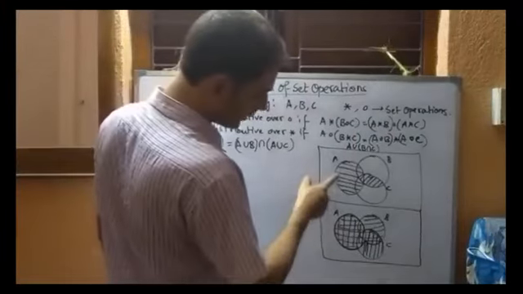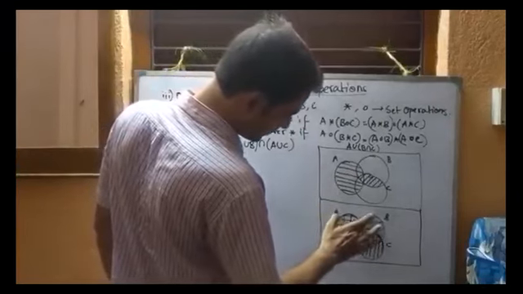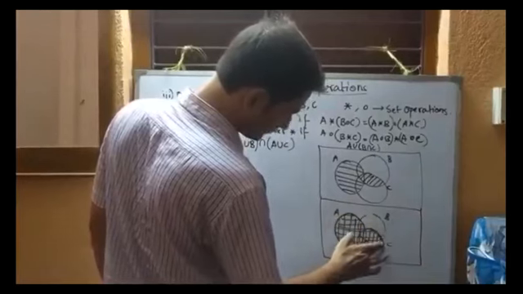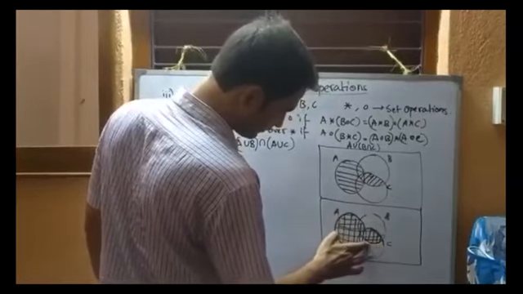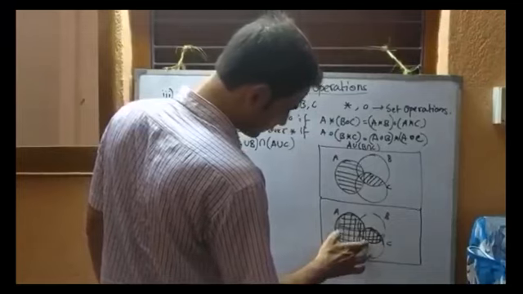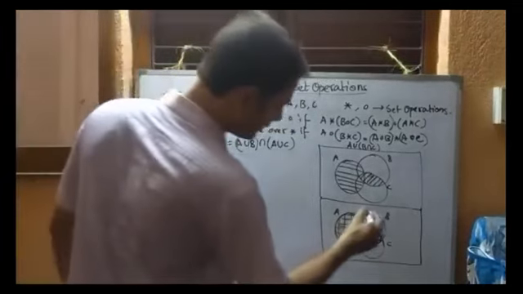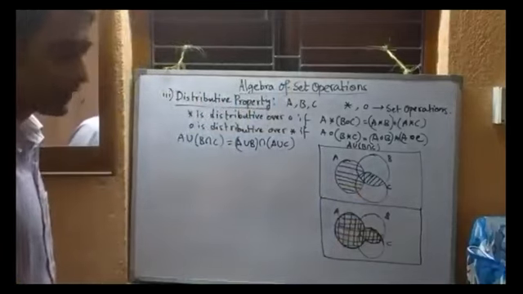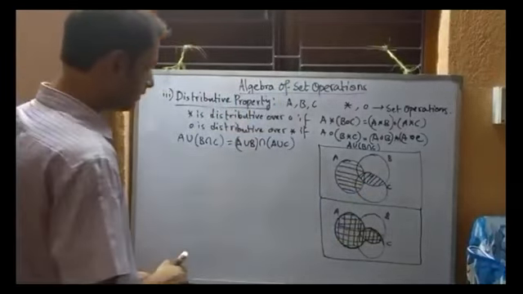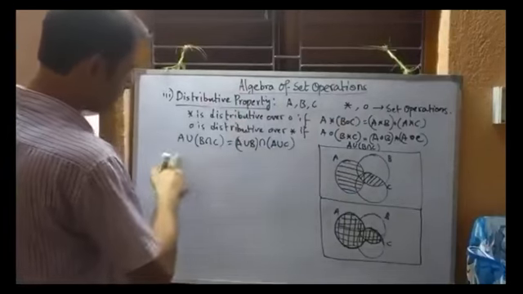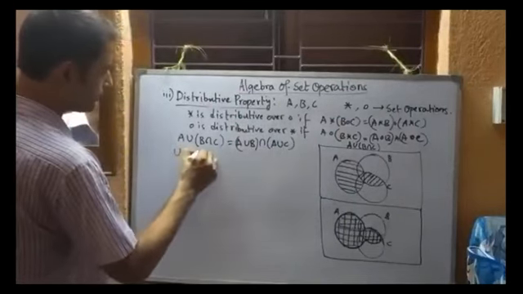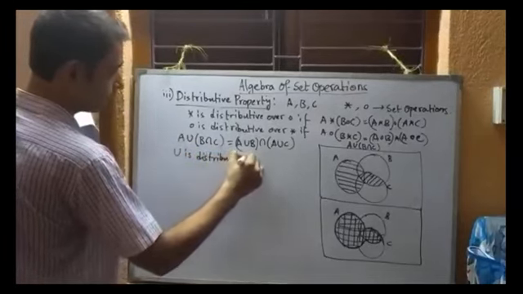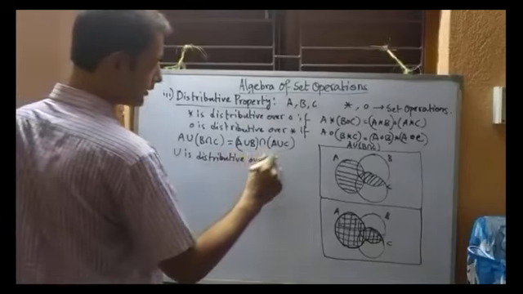And see, the double shaded region, if we remove the single shaded regions, we will get this thing. And see, this is the same thing with the previous picture here. So we can say these two are equal from the Venn diagram. So from here we can say that union is distributive over intersection.